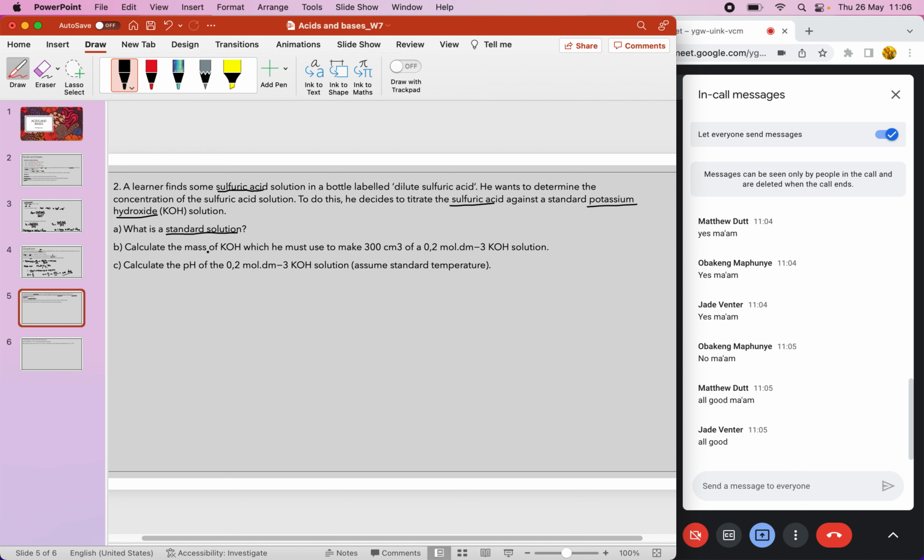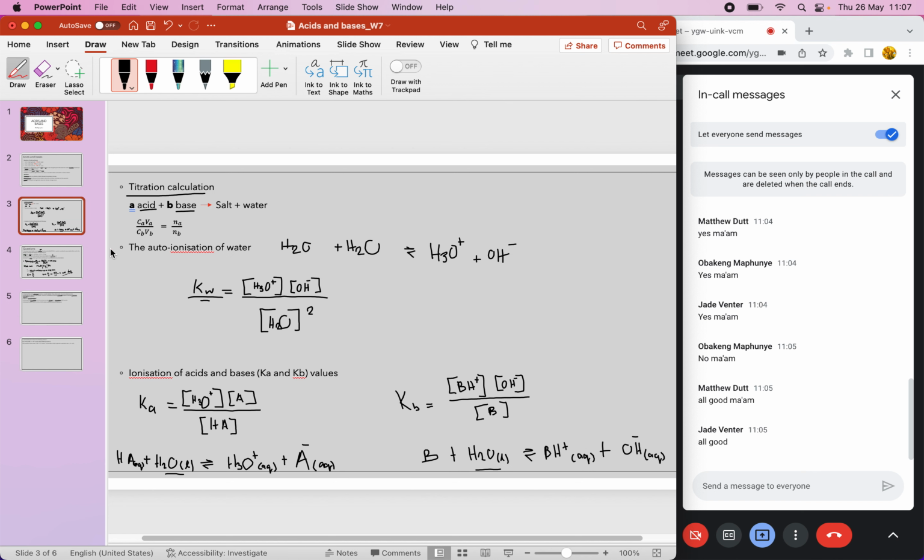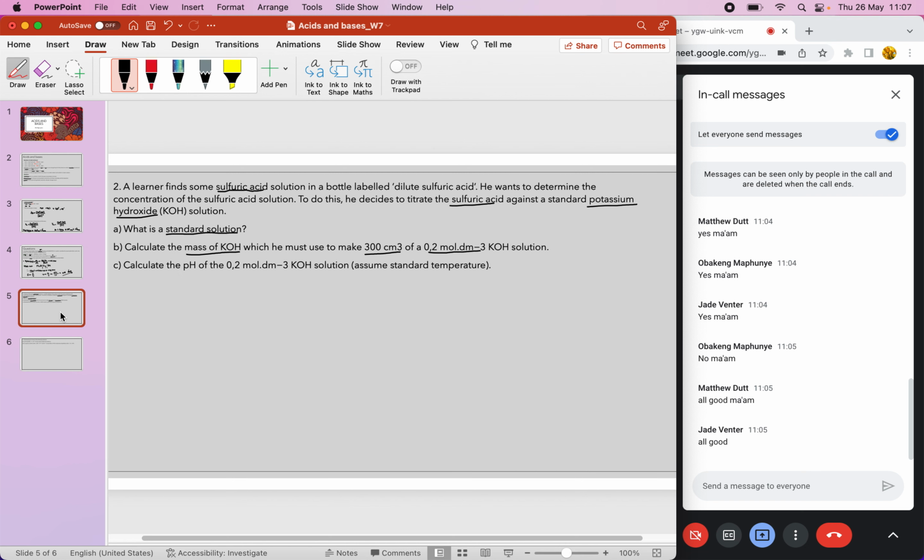So the question wants us to calculate the mass of potassium hydroxide which he must use to make 300 centimeter cubed of 0.2 mole per dm cubed of the KOH solution. So this is a titration question. From the titration equation, you have your concentration, volume, and number of moles, but sometimes they can ask you to calculate the mass, like in this case.